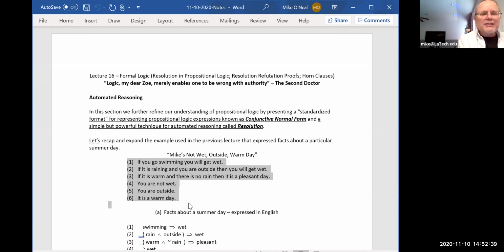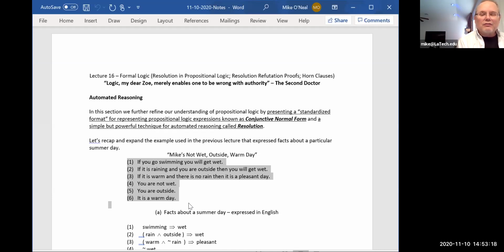In other words, I can't have one statement that says you're not wet and another statement somewhere else that says you are wet. Well, both of those things can't be true at the same time, at the same place, etc. Okay? But because of that, they are inconsistent. They are contradictory.